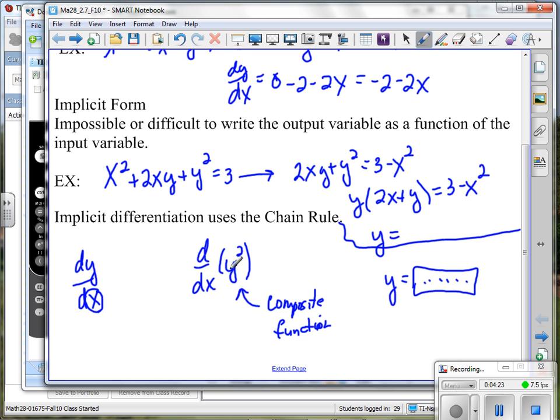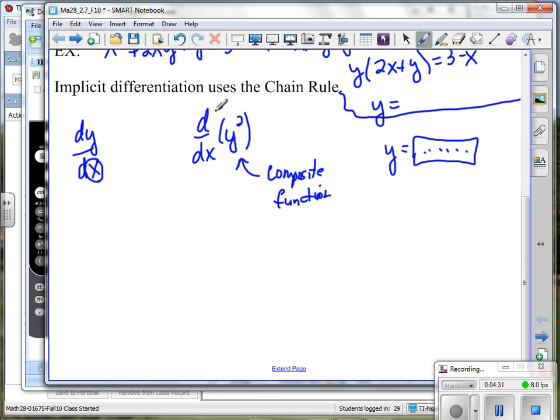The inside function is y, and the outside function is take the result and square it. So this is not the simple derivative I need. I'm going to take the outside function derivative, just like I did in section 2.5, and that would be 2 times y to the 2 minus 1 power.